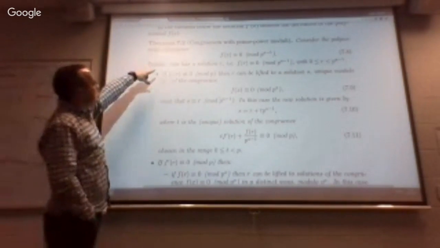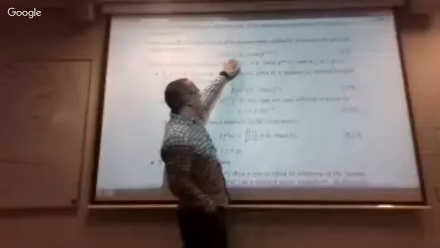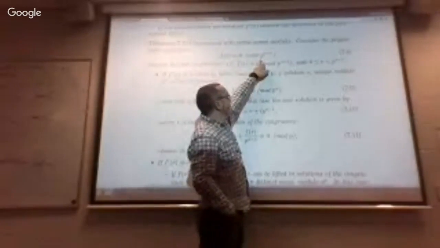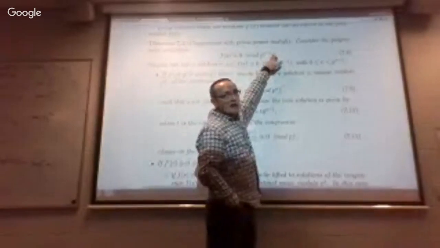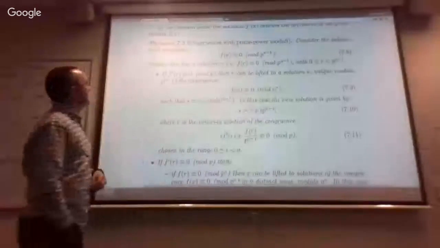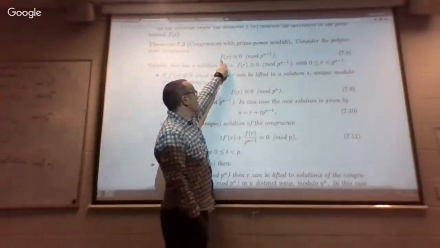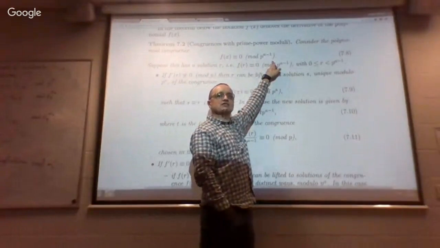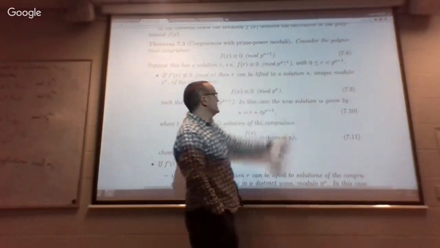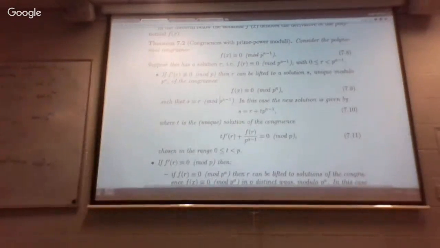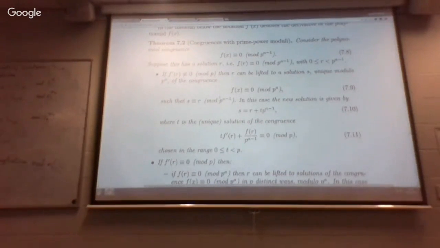The assumption of the theorem is: consider this polynomial congruence modulo p to some power a minus 1. And it says, suppose this has a solution r. So suppose you've got one solution to this problem, f of x congruent to 0 modulo p to the a minus 1.